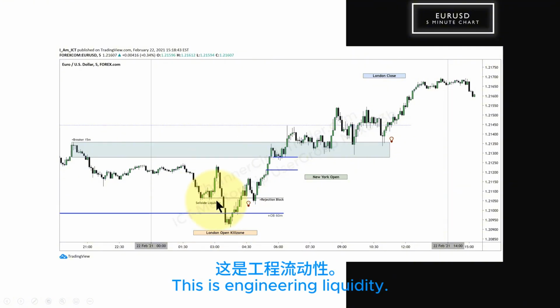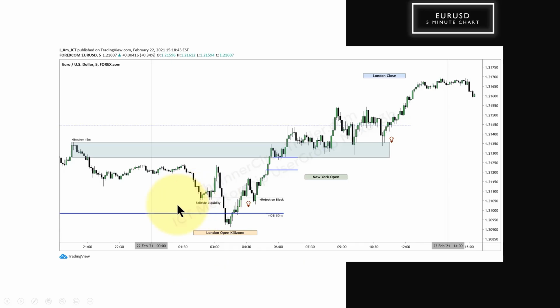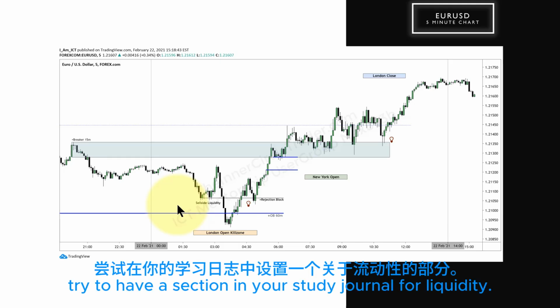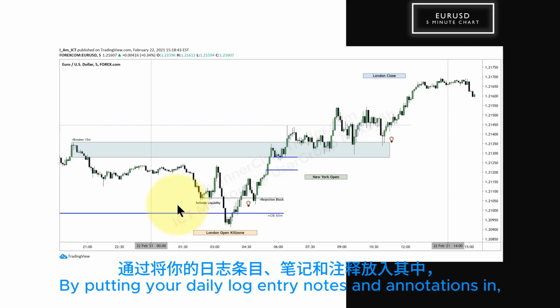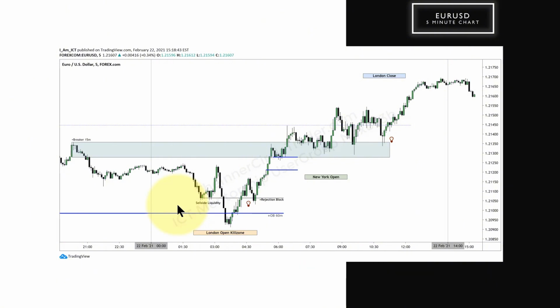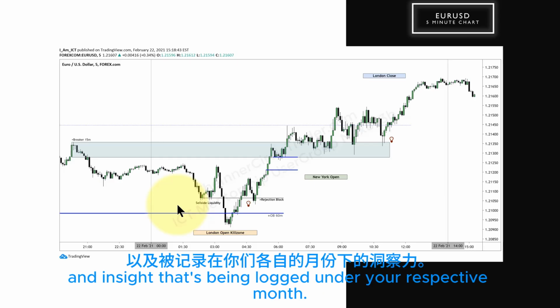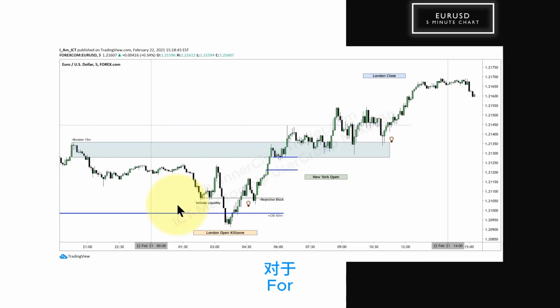This is engineering liquidity. Now, for your notes, you want to try to have a section in your study journal for liquidity. Okay, let that be a topic. By putting your daily log entry notes and annotations in, you're collecting information and insight that's being logged under your respective month.